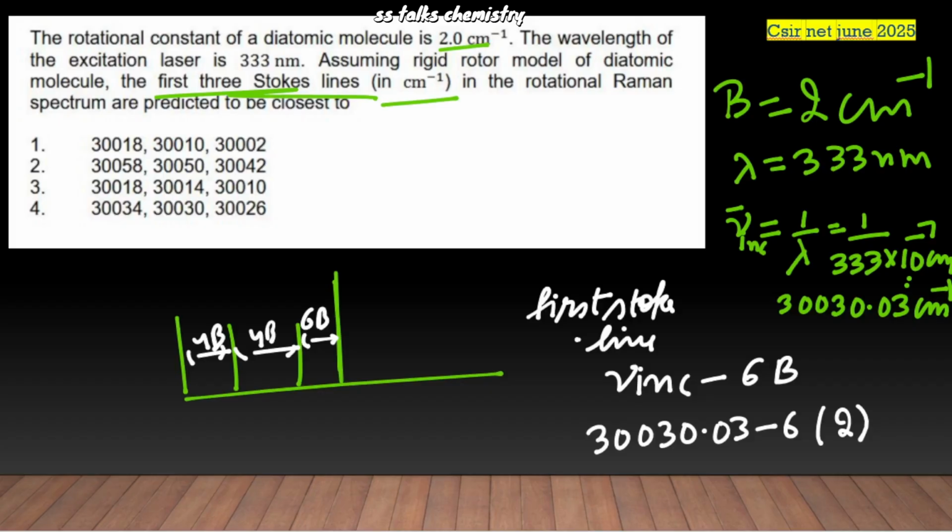So 12 we have to subtract from this one. 30030.03 minus 12 becomes 30018.03 centimeter inverse. So this is the first line that you are getting. You can see 30018 in this option and in this option. So from this, the second and fourth we can eliminate.